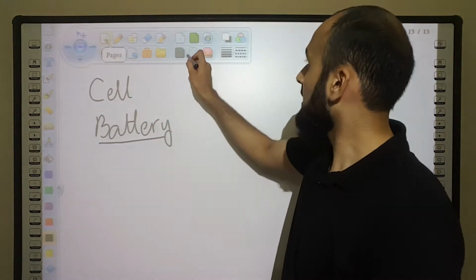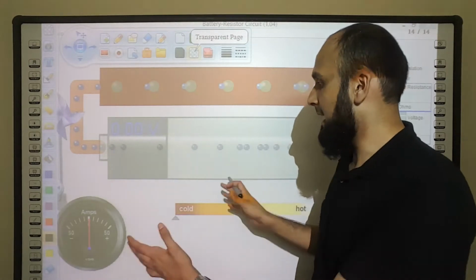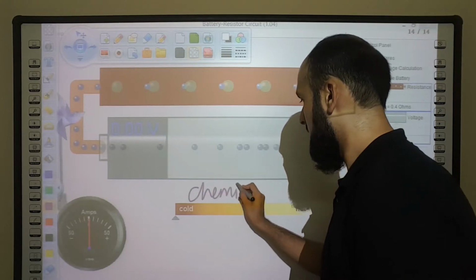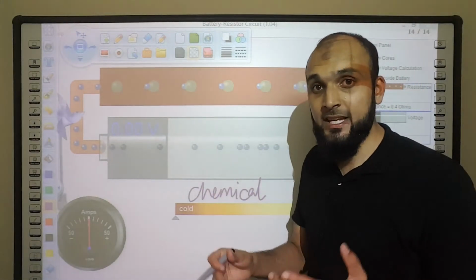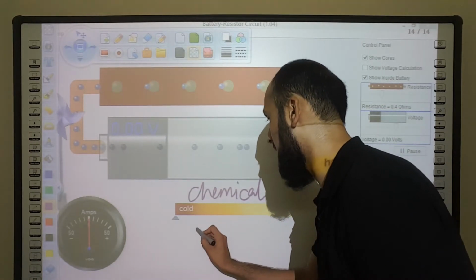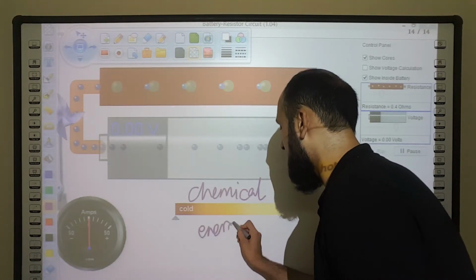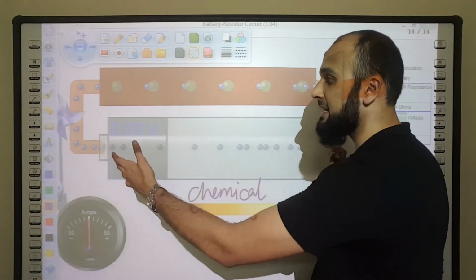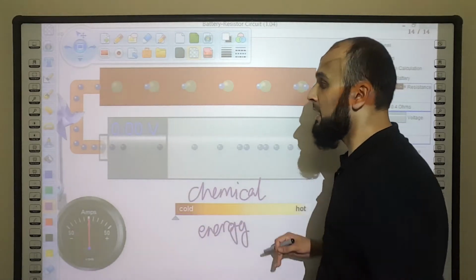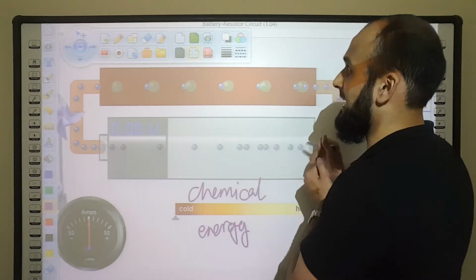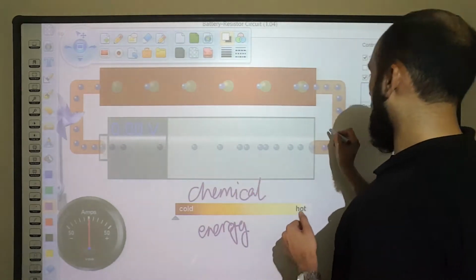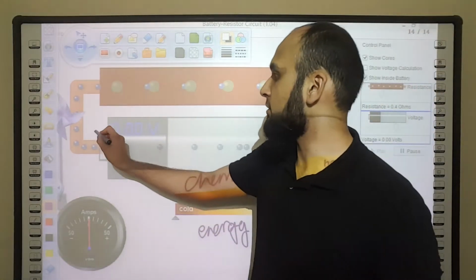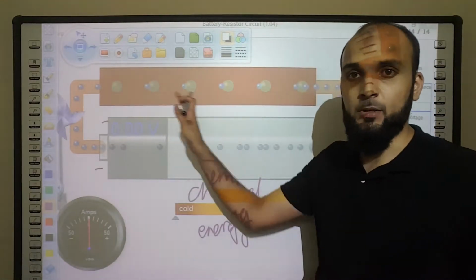So a cell is simply a device that has chemical stored potential energy, right? Remember how we said that stored energy is known as potential energy? So chemicals, potential energy. And what happens is basically a number of reactions are made to take place within the battery or the cell, so that an excess of electrons develops at one of the terminals of the cell, and a deficiency of electrons is created at the other terminal, right?